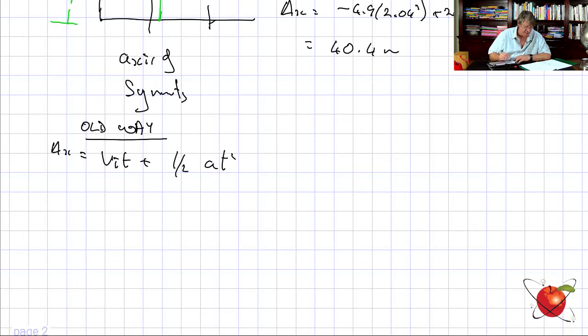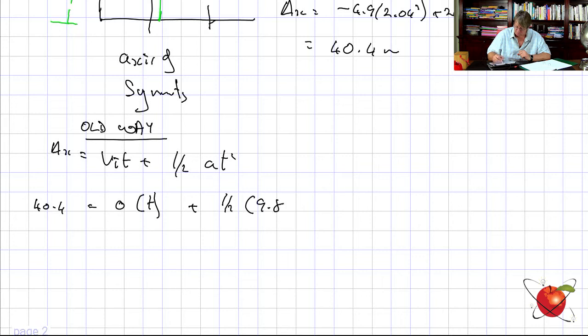Therefore, delta x, I said, was 40.4, equal to v initial, which was 0 in this case, times t, plus a half times 9.8 times t squared. All right. If I solve for t, it comes to be 2.87 seconds, plus or minus 2.87 seconds.